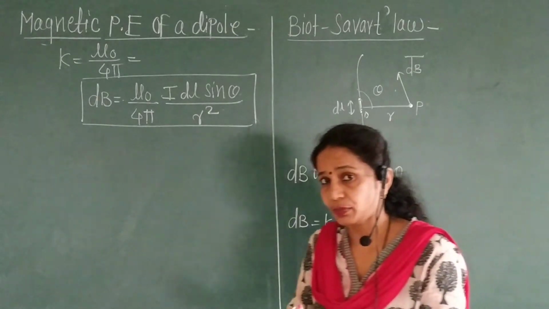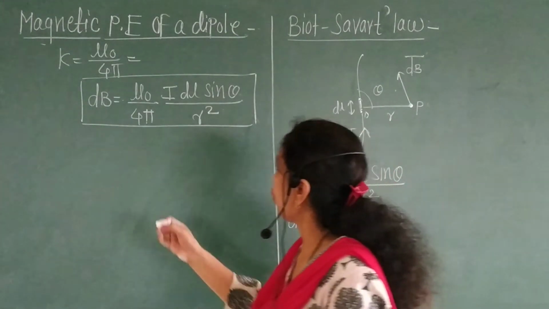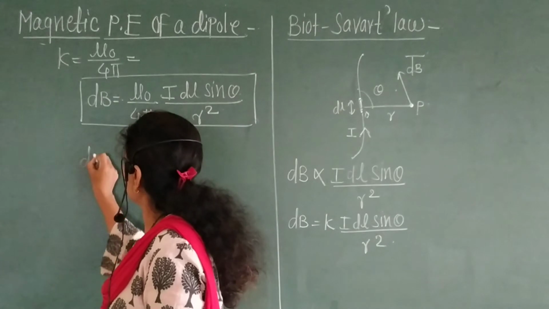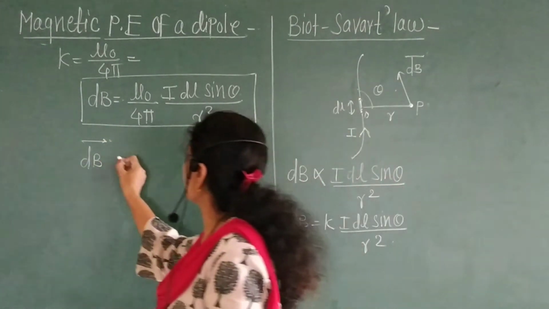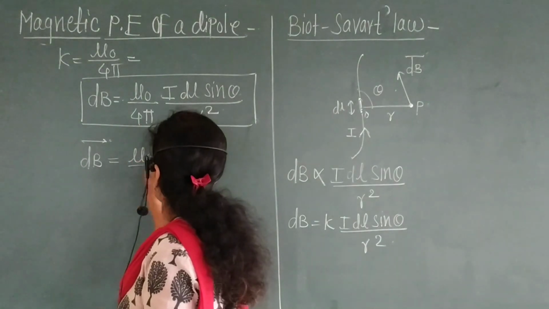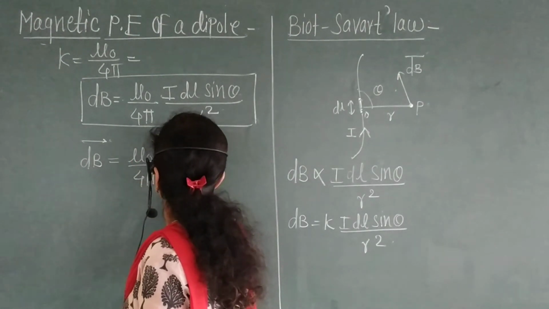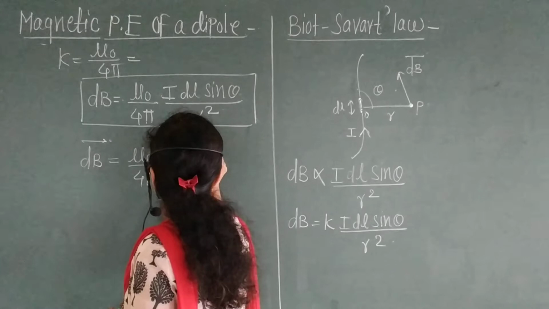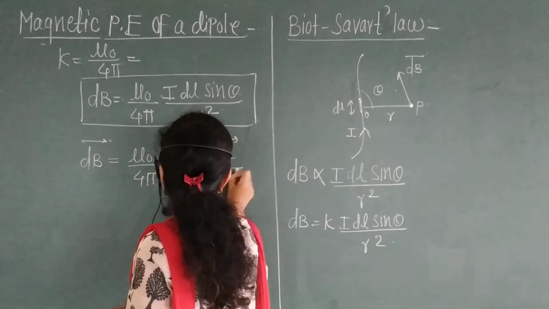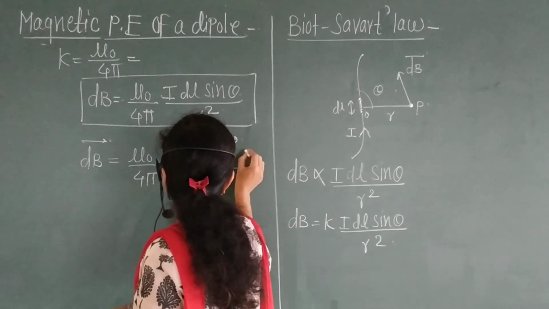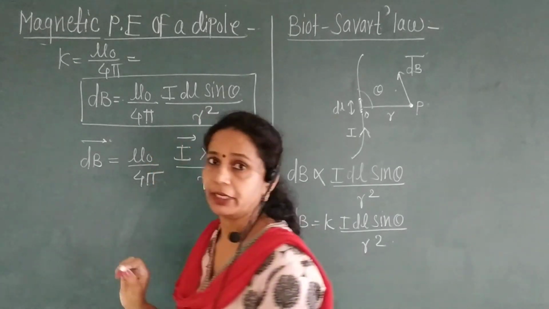If you have to express it in vector form, then you can write dB vector is equal to mu 0 upon 4 pi, which is constant, I dl vector cross r vector upon r cube. Here is the r vector.